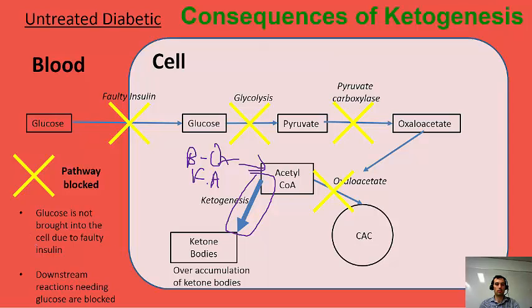Basically, we can see this summary of what's happening here in these 2 points. Glucose is not brought into the cell due to faulty insulin, and that means that all downstream reactions that rely on glucose are also blocked. The result of these blockages is that the acetyl-CoA from beta oxidation is actually converted into ketone bodies using the process called ketogenesis.